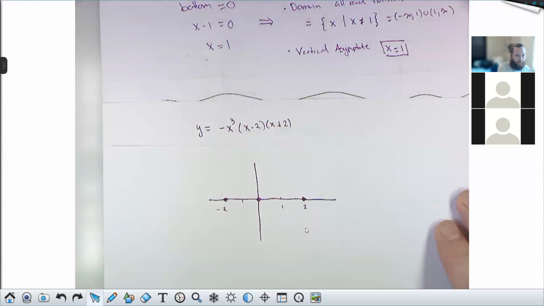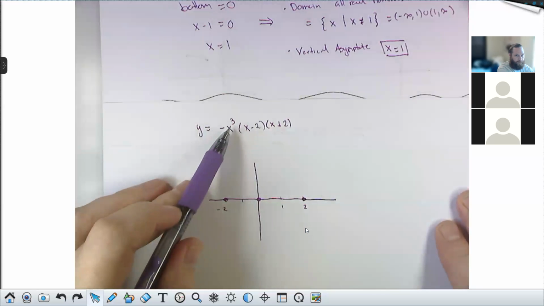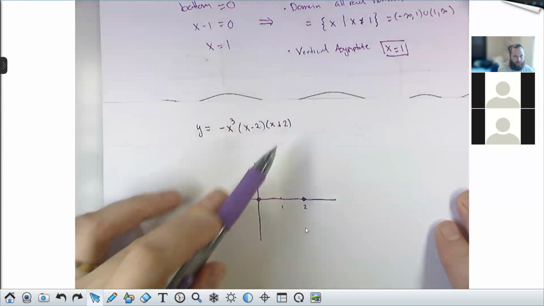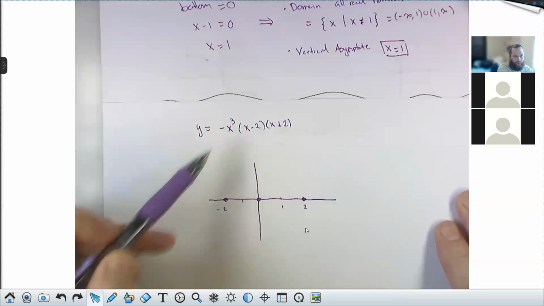They were all odd multiplicity roots. The 0 comes from this guy, which is multiplicity 3. The +2 came from this guy, which is multiplicity 1. And the -2 came from this guy, which is also multiplicity 1.